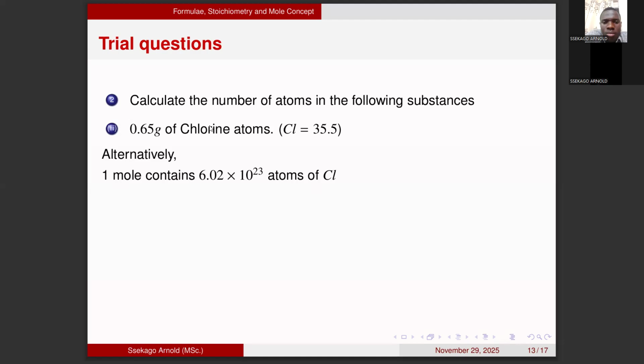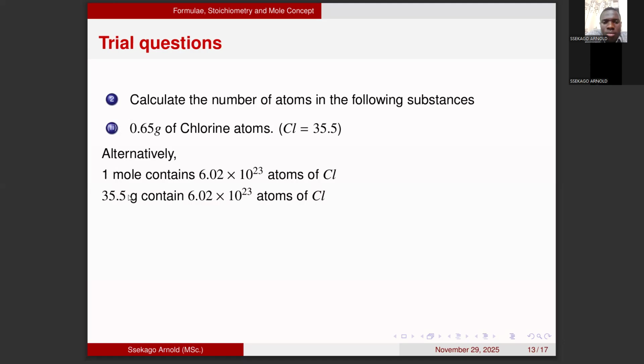For chlorine atoms, where I have 1 mole, I replace it with the RFM of chlorine, which is 35.5 grams. Therefore, 35.5 grams contain 6.02 times 10 power 23 atoms of chlorine. Hope you've seen how I have formulated this second step.